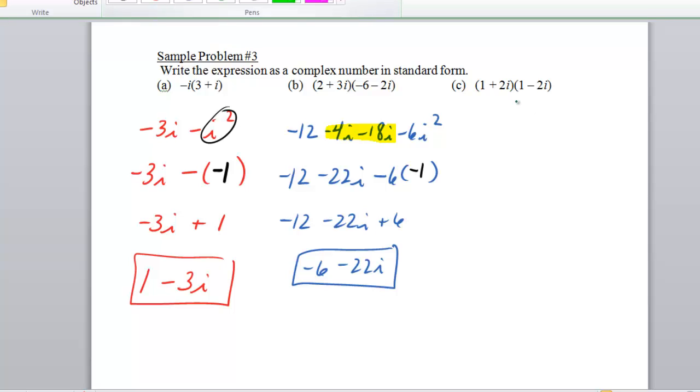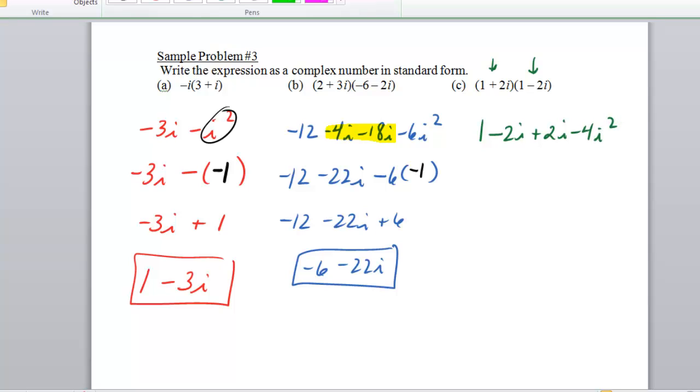Alright, last problem. You can see here we have conjugates, same terms with different signs. You will want to keep in mind that this is going to have a canceling out effect on the middle term, but it also eliminates our i value as well. So as we FOIL these, let's see how that plays out. That's 1, and then we have negative 2i, positive 2i, and negative 4i squared.